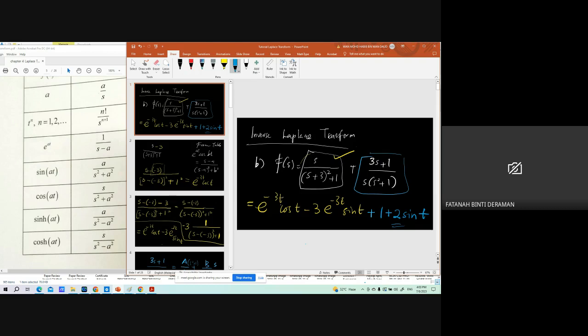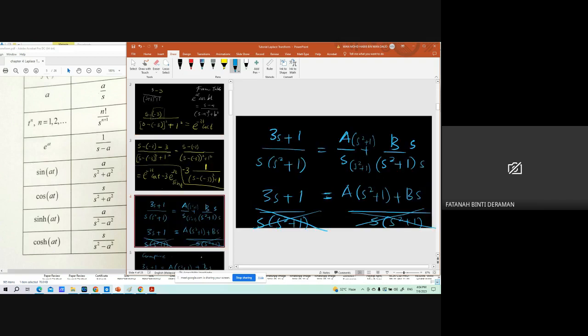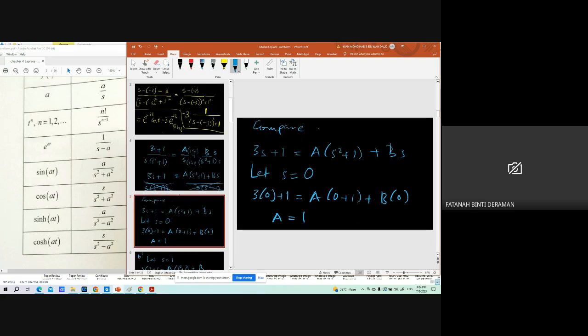So we have e to the power of cos t minus 3, e to the power of negative 3 sin t plus 1, and then minus cos t and then 3 sin t.